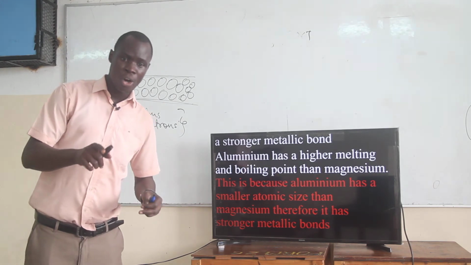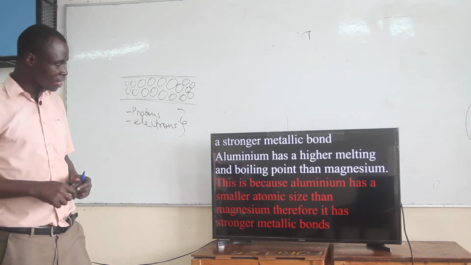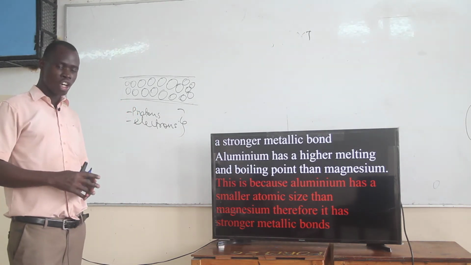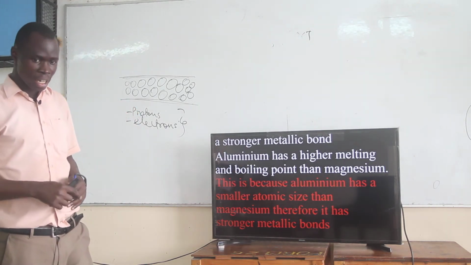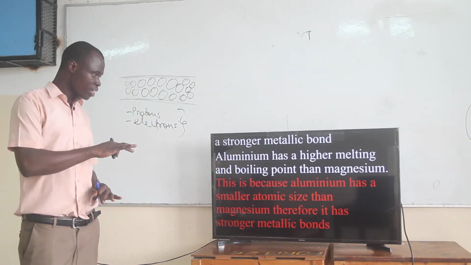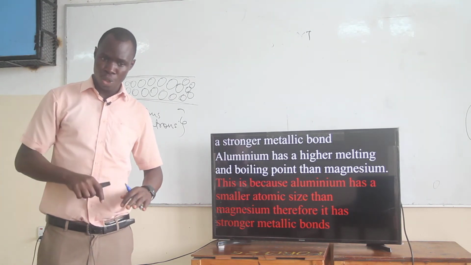Aluminium has a higher boiling point than magnesium. Now, I told you the second factor was the number of delocalized electrons, or electrons in the outermost energy level. Aluminium has 3 electrons in the outermost energy level, while magnesium has 2.